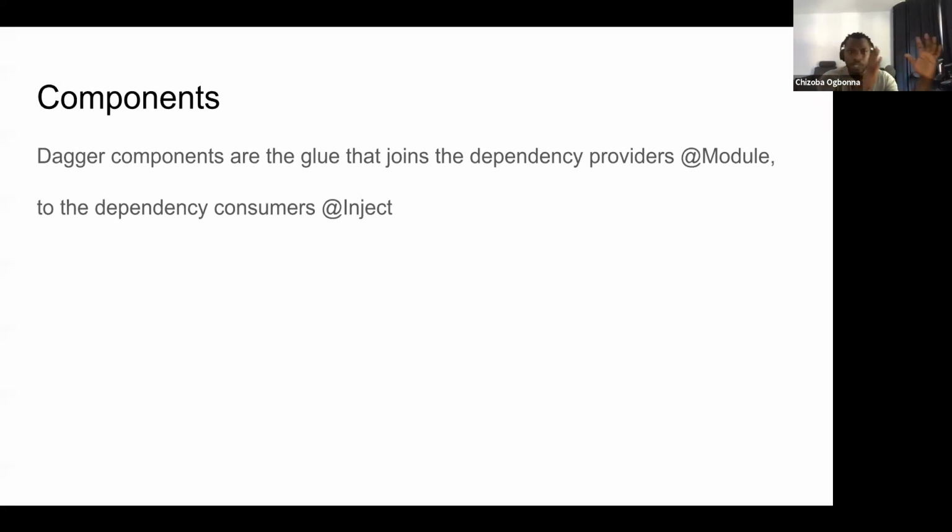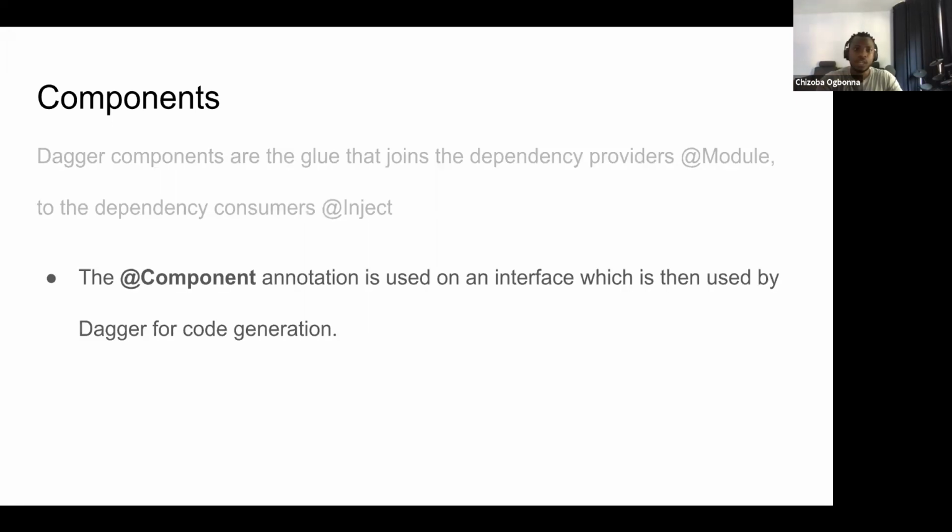Yeah, so we've talked about the modules, we've talked about @Inject, and now components, talking about them again. Like I've said earlier, this is the glue. It joins the providers with the people that need the dependency, the consumers. And it's used on an interface, unlike the other ones where they are used on constructors and things like that.